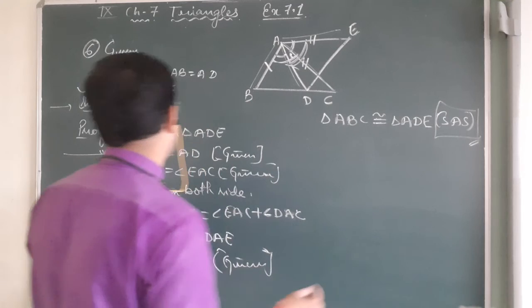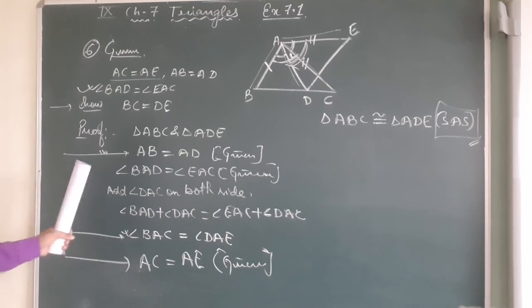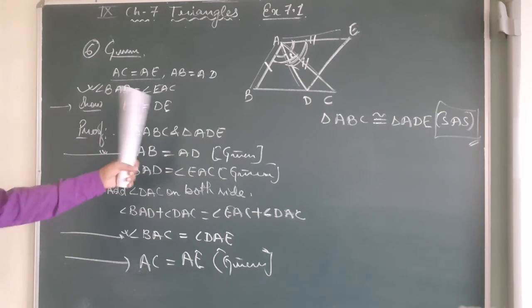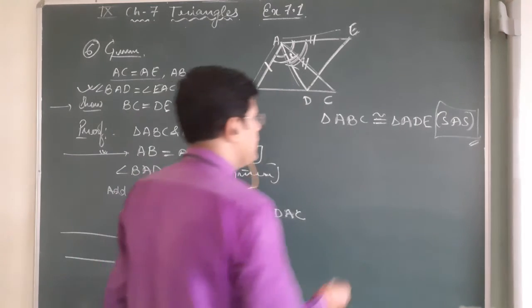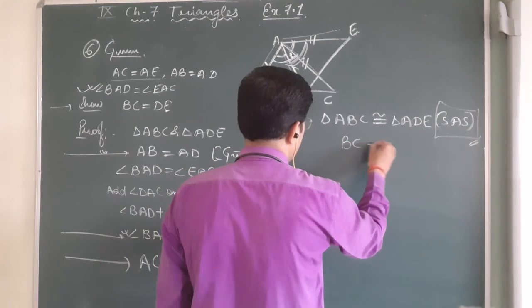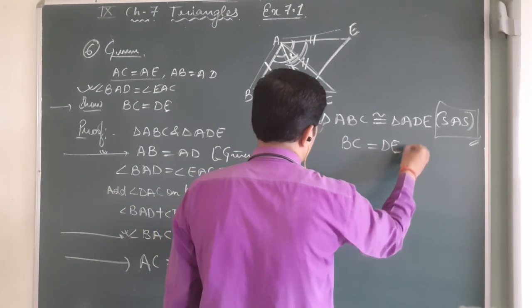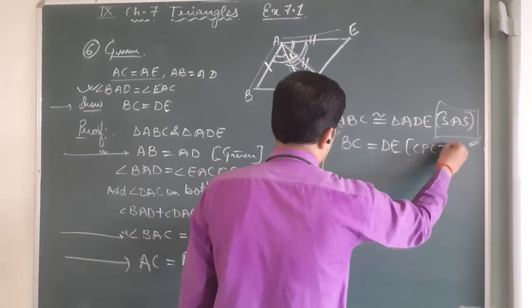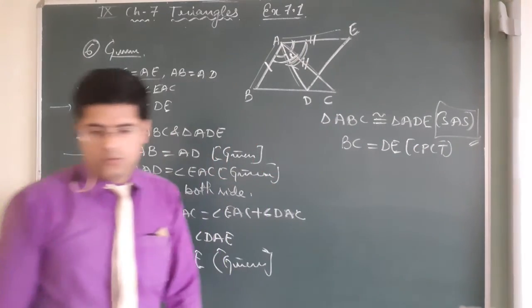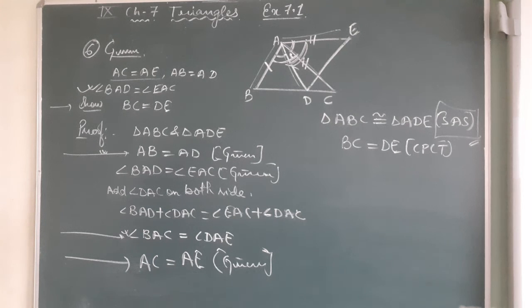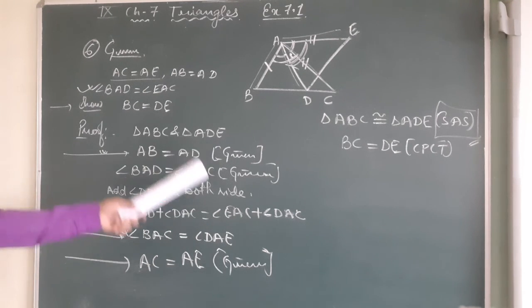After that, because the question is not asking about congruence but about BC and DE, I am going to write BC equal to DE by CPCT. I want to make it clear that in congruency you must write all the reasons.